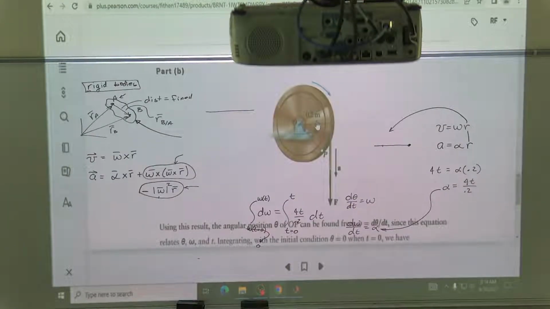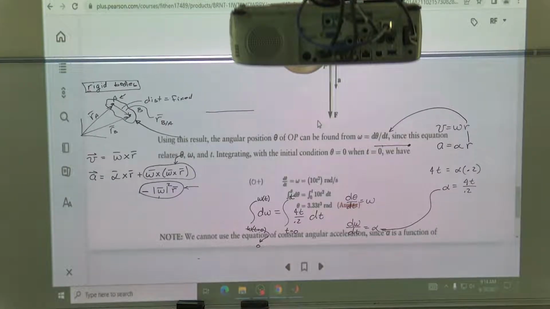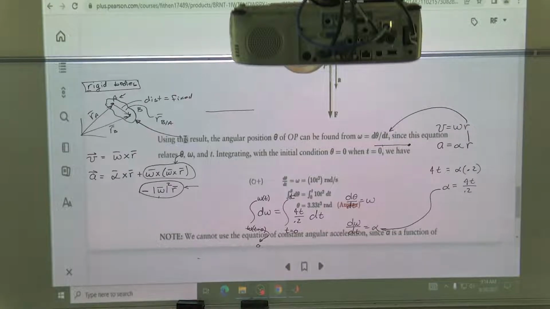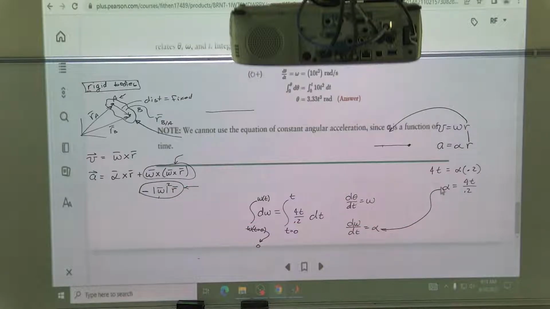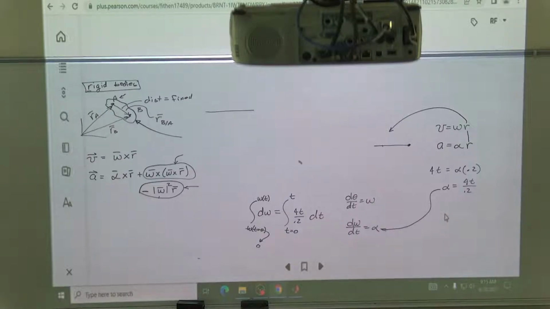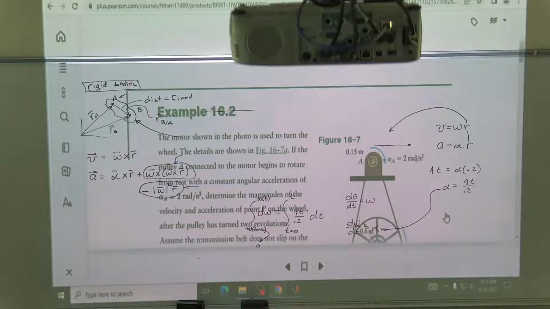So then part B, which I didn't even look at, using the result of the angular velocity can be found, since with the equation we have, we just do one more integration, and that's it. We cannot use the equation for constant angular acceleration since alpha is a function of time. So we said that a second ago. And a similar thing happens here.